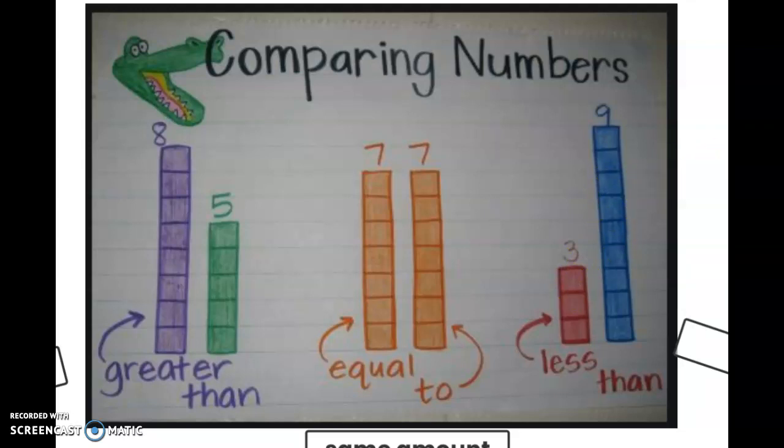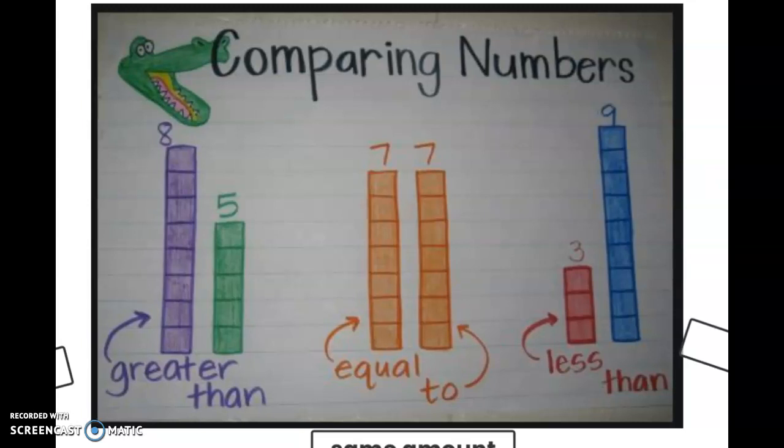Which one has less or is fewer, 3 or 9? 3. So we would say 3 is less than 9. Say that with me. 3 is less than 9. Or we might say fewer. Say that with me. 3 is fewer than 9.